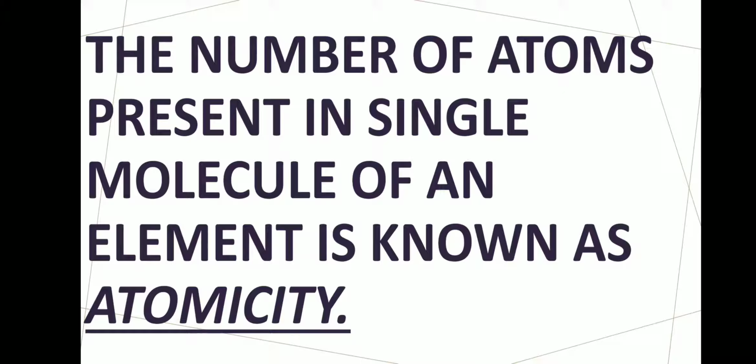For example, the symbol of oxygen is O, but the formula of oxygen gas is O2. In the representation of chemical formula, we take into consideration the number of atoms present in a molecule. So, the number of atoms present in a single molecule of an element is known as its atomicity.